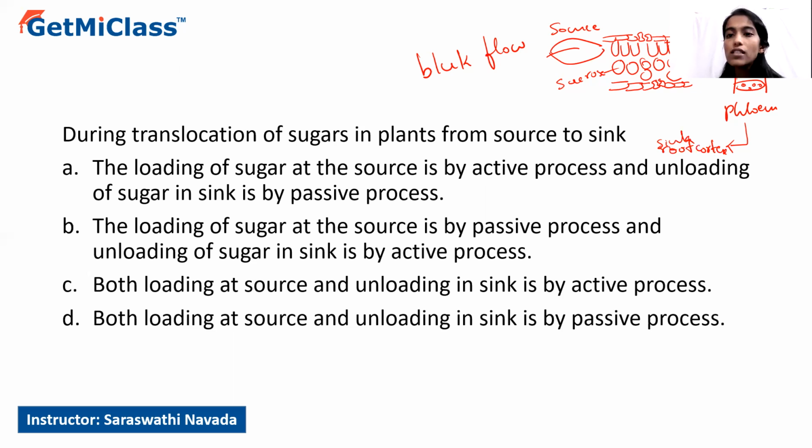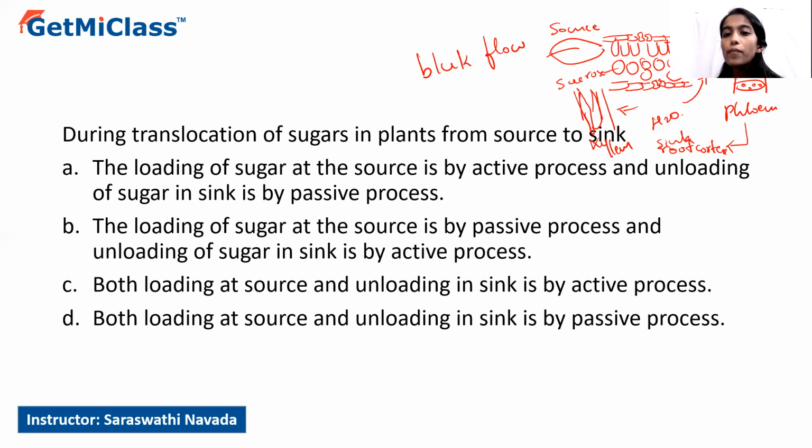So this results in inward movement of water from the adjacent xylem. This is the xylem elements. Let us consider this as xylem tracheids as well as xylem vessels, associated with the stem as well as leaf.